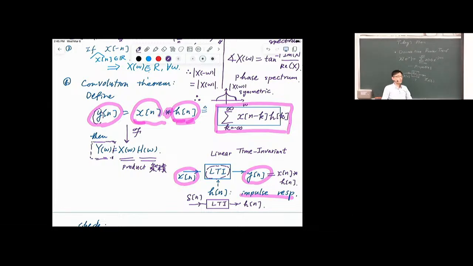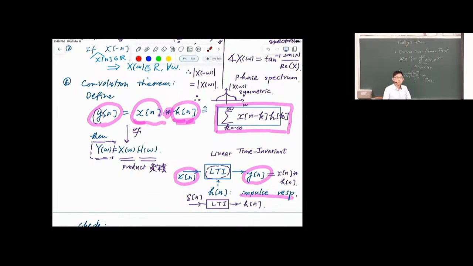But just to prepare us for the mathematics, we now need to officially check the convolution theorem. Given this mathematical definition, is it really true that the Fourier transform of y will equal the product of X and H, which are the Fourier transforms of small x and small h respectively?